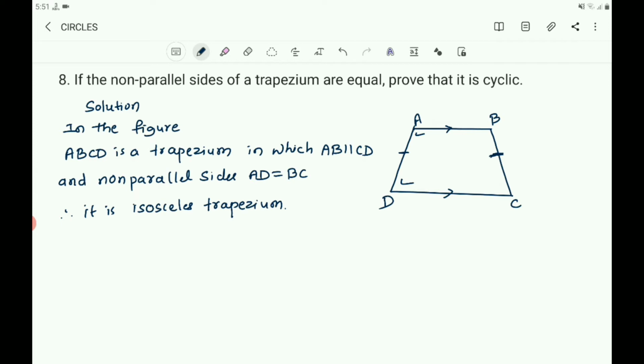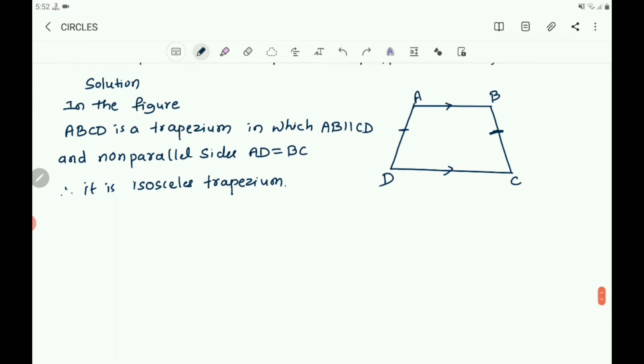And one more property, that is the special property of the isosceles trapezium, that angles at the ends of the parallel sides are equal. So here you will get angle A is equal to angle B, and also angle D is equal to angle C. So you write that angle A plus angle D equals 180 degrees.